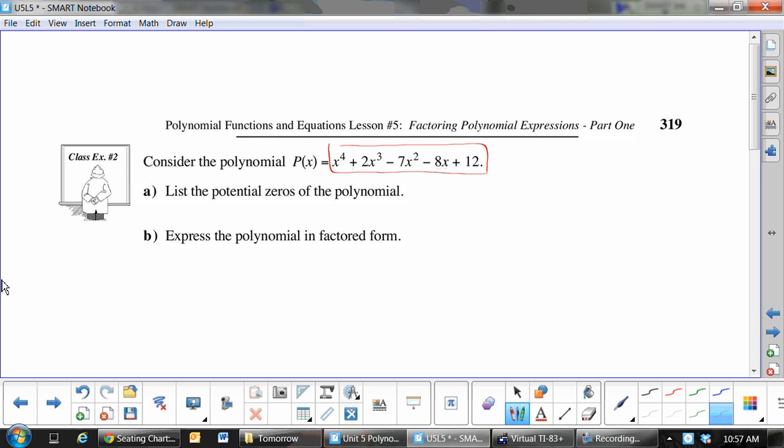Okay? So if I just had a $1.99 calculator, how could I do this one? Well, what would be all my potential zeros? So what are all the factors of 12? 1, 2, 3, 4, 6, 12, right?